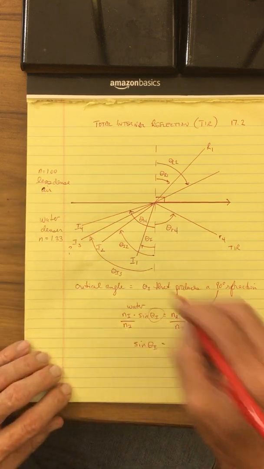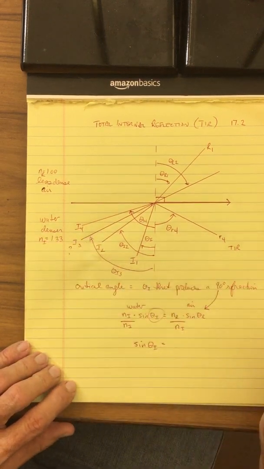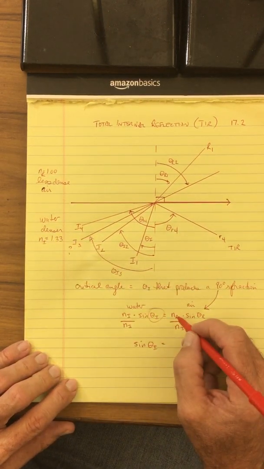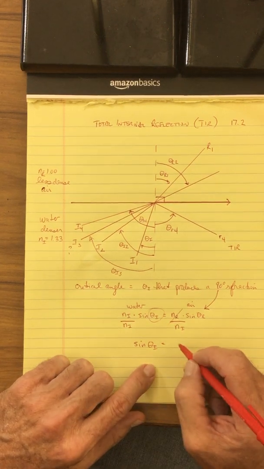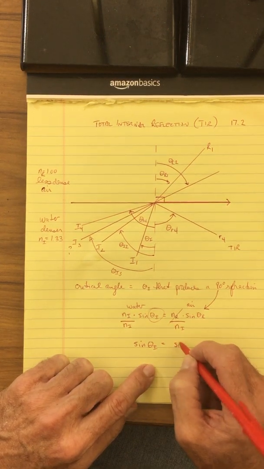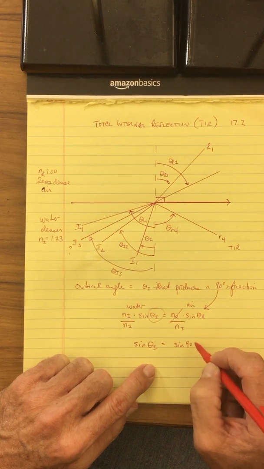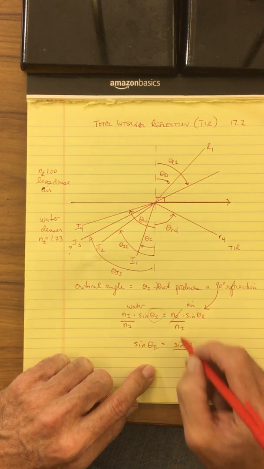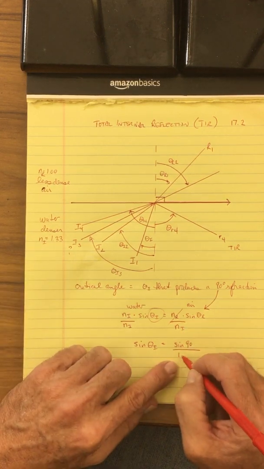So this is going to be the refracted, and this is going to be my incident. So that's going to be 1.0, that's going to cancel. Is going to be equal to the sine of 90 degrees divided by the index of refraction of the incoming, which is the water, 1.33.